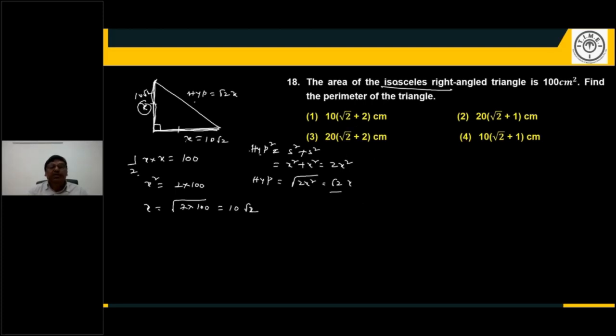But then what is this? Root 2 into x means root 2 into 10 root 2, which is root 2 into root 2, 2, so it is 20. He is asking for the perimeter.